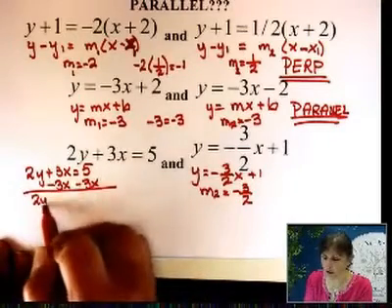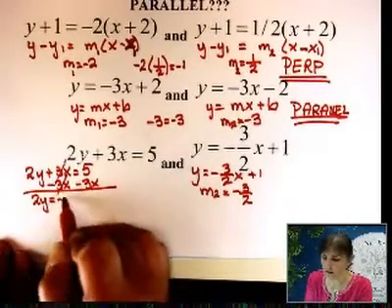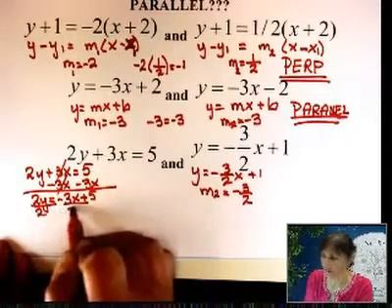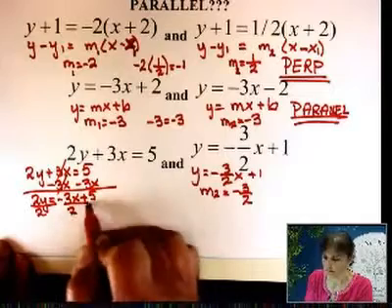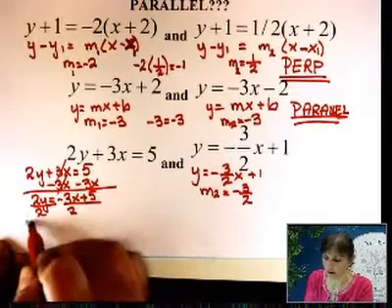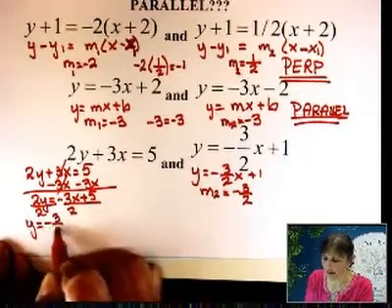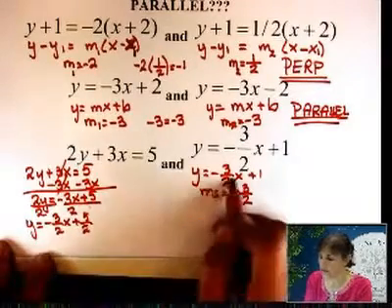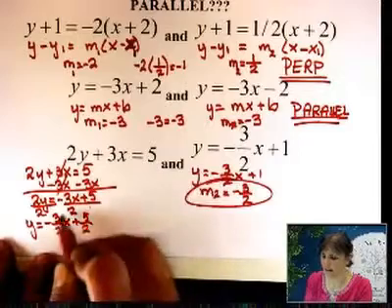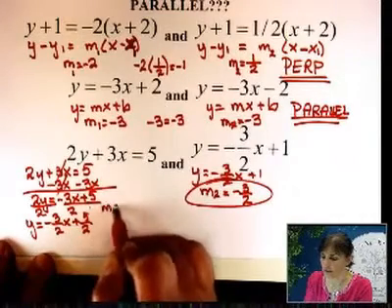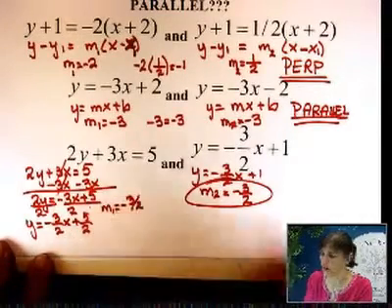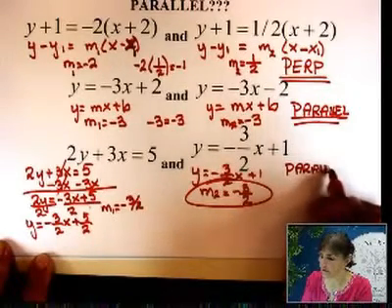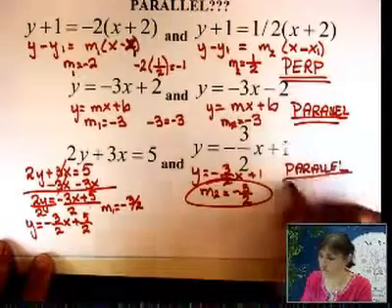You have 2y equals -3x plus 5. Divide everything by 2. You will get y equals -3/2 x plus 5/2. So this one has a slope of -3/2, and this one has a slope of -3/2. Guess what? These two lines are parallel.